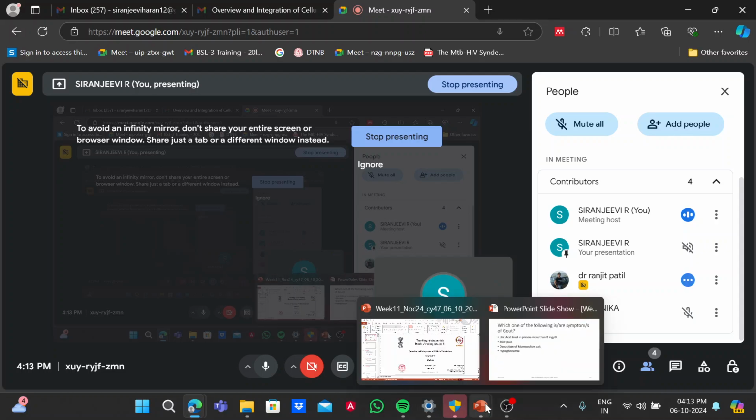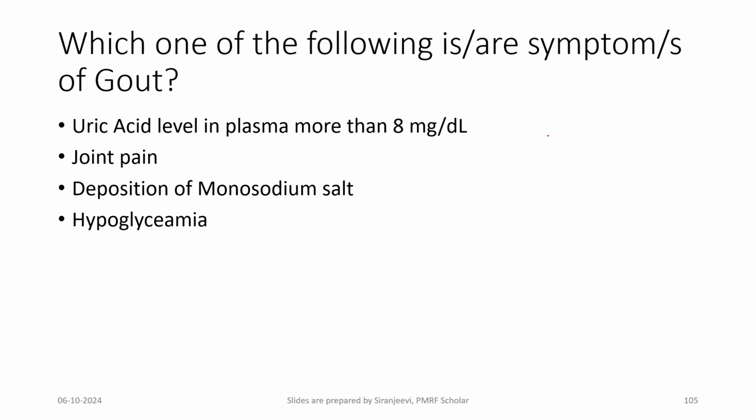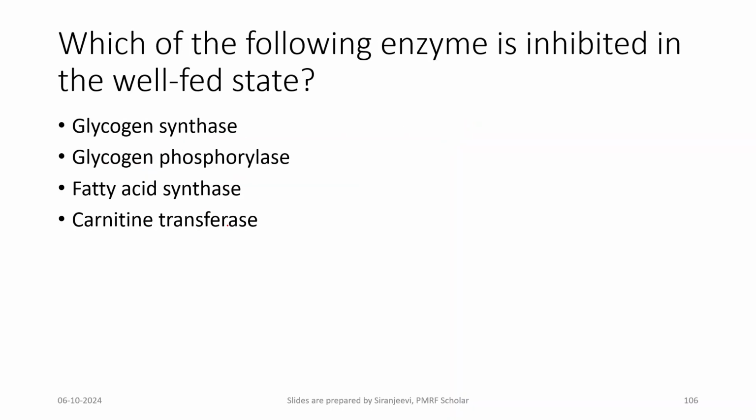Yes. Okay. Which one of the following are symptoms of gout? Uric acid more than 8, joint pain, monosodium. No, the first three, not hypoglycemia.